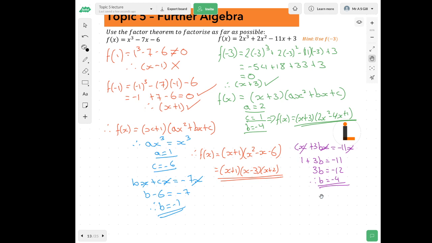So this is an alternative method for algebraic long division. This is my personal preference, but that doesn't mean you have to do it this way. Once we've got to this point and we've established a solution, in this case x plus 3, I could also have done algebraic long division and just done this f of x here, divided by x plus 3.